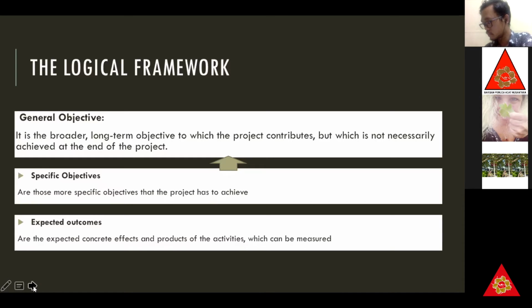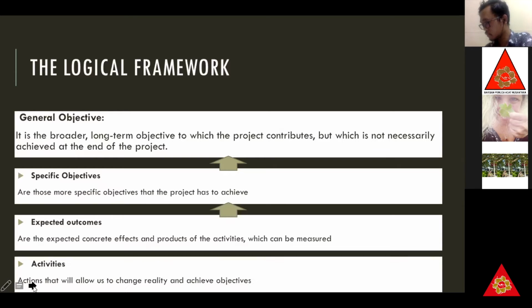It's like, for example, I will build, I don't know, 200 houses. So this is very concrete. So this is an expected outcome. And then you have the activity. The activity is the actions that your project will put into effect. And these actions are designed to change reality and achieve objectives.